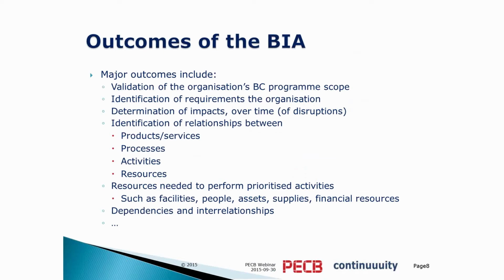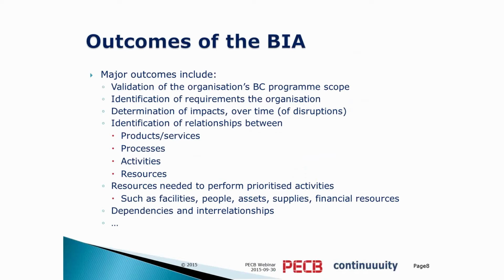If we are in a production company, we certainly need products or semi-finished products delivered to us, raw materials maybe. We need IT resources, we need work areas for our staff, and so on.